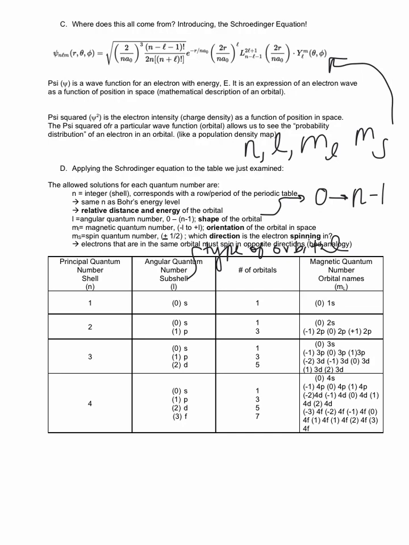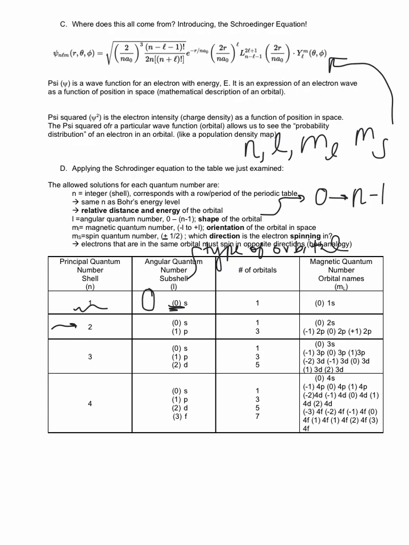So if we are at n level 1, n minus 1 is 0, so the only subshell that we can have in level 1 is l equals 0, which we know is an s, and so it's that nice round circle shape. Now, once we go to energy level 2, or shell number 2, we have more options.